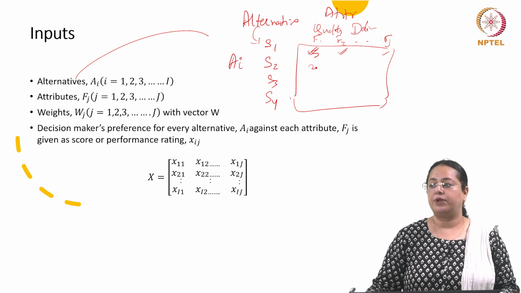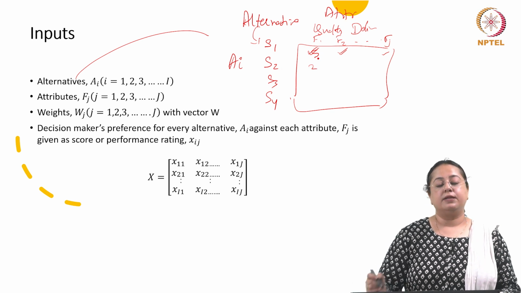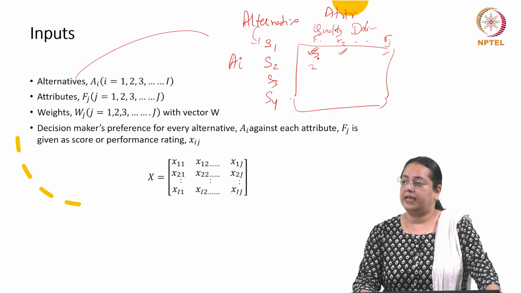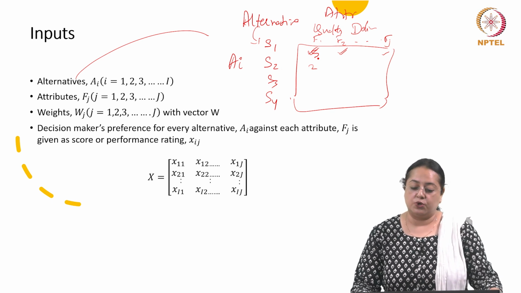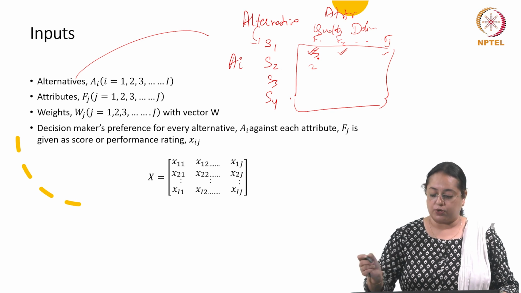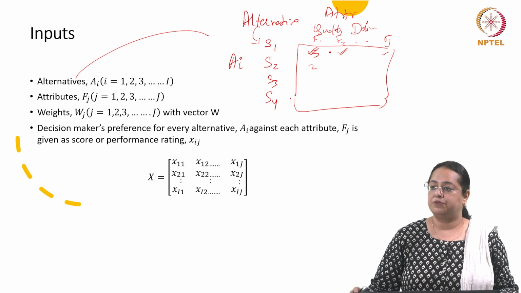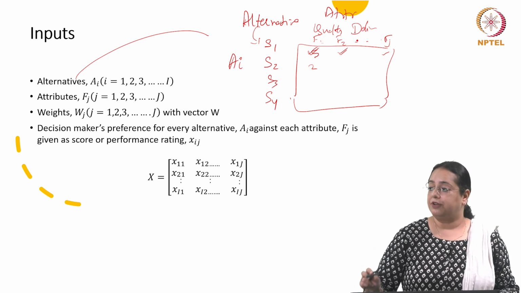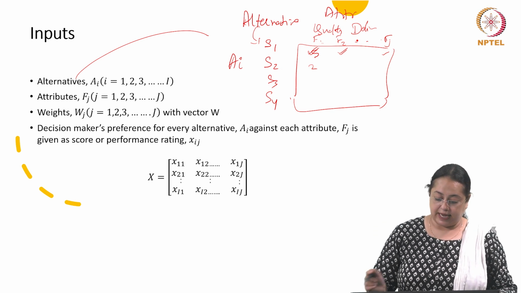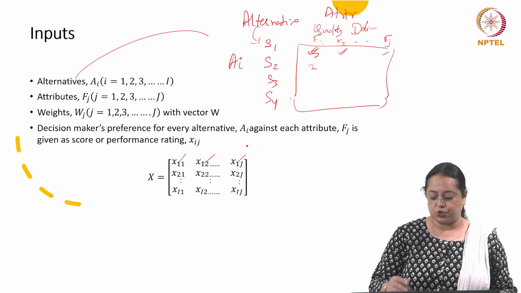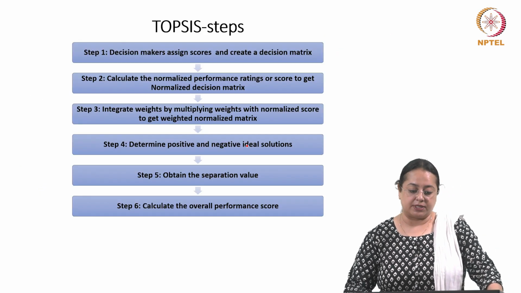If the scoring system is 1 to 10, accordingly one can consult experts in that area to rank or score them. So we need alternatives from which we select, and attributes or criteria on what basis we are going to select. These are the scores assigned by decision makers in the matrix.